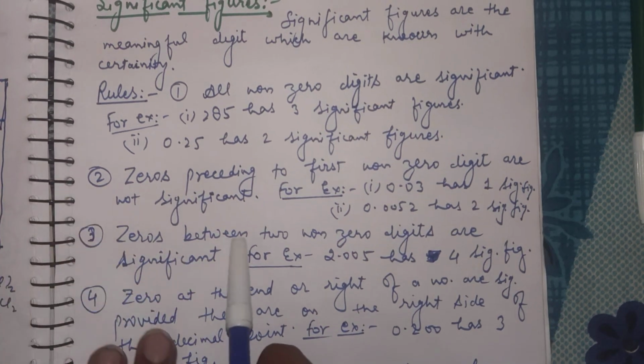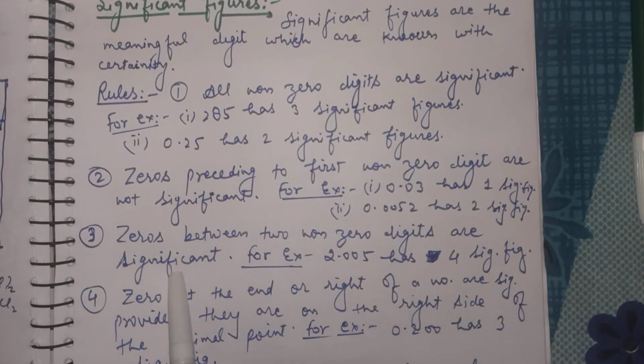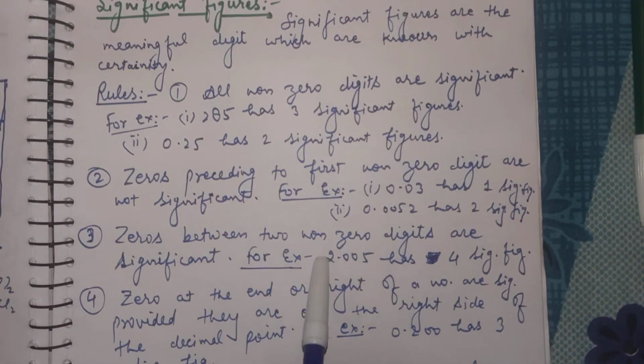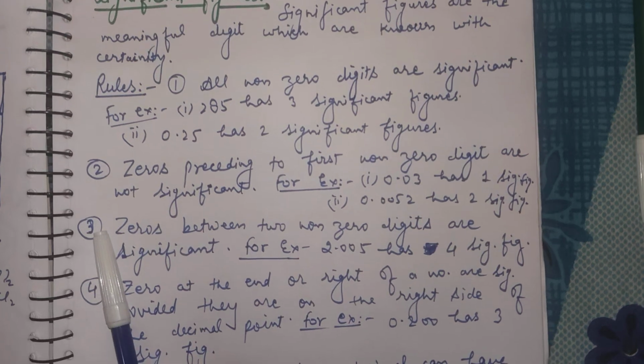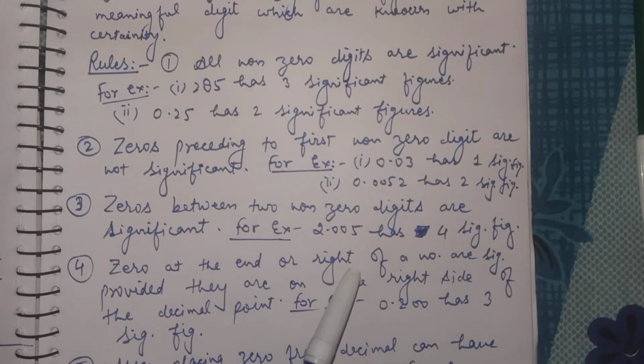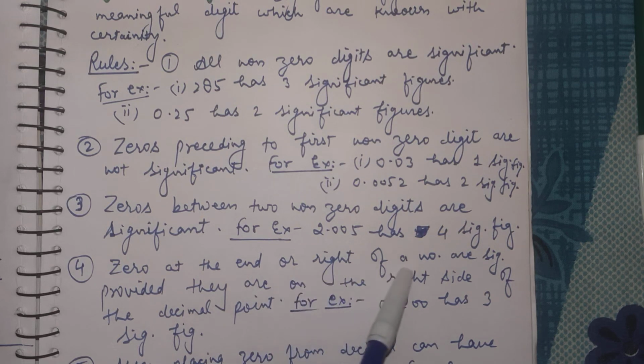Rule number 3: zeros between two non-zero digits are significant. For example, 2.005 has four significant figures. Rule number 4: zeros at the end or right of a number are significant provided they are on the right side of the decimal point. For example, 0.200 has three significant figures.